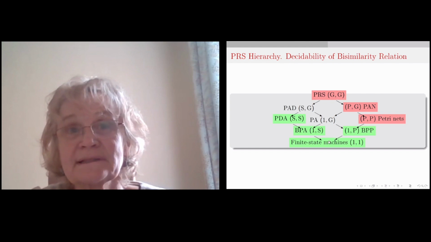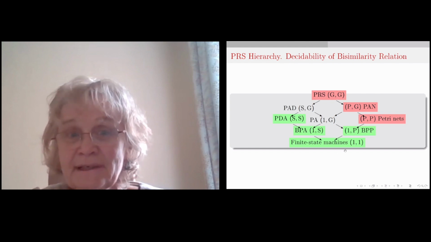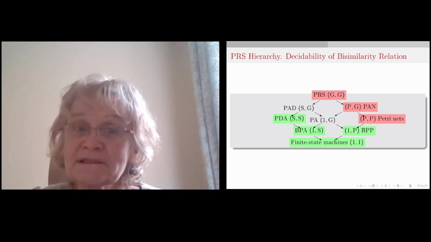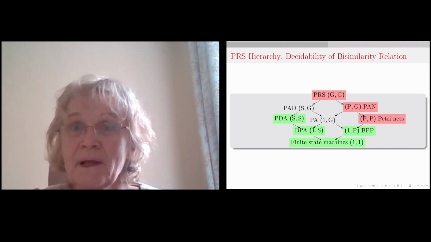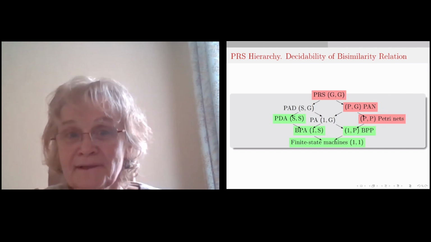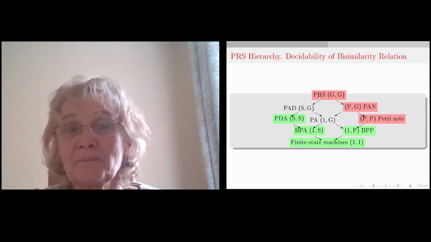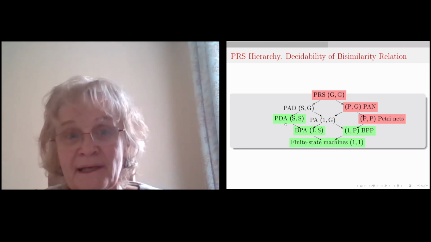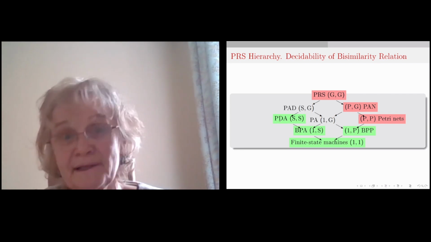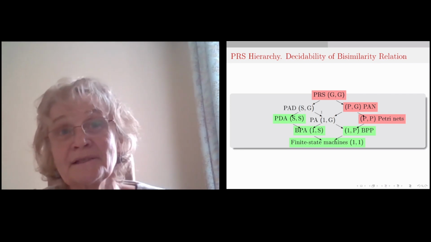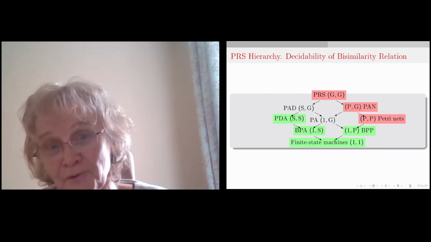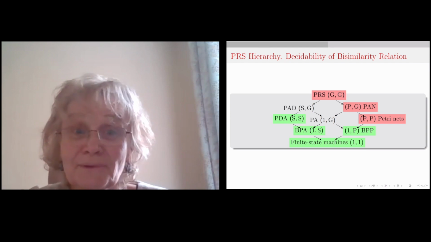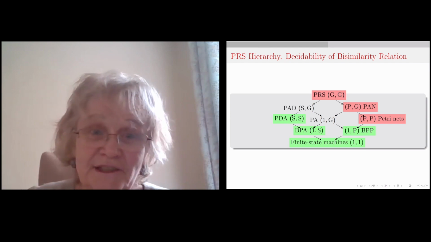For finite state machines, bisimilarity is decidable. Also for context-free Petri nets. For Petri nets, red means undecidable, and of course the upper classes too. Here also for BPA and push-down automata, it is decidable. And these two gray classes, it is an open question.